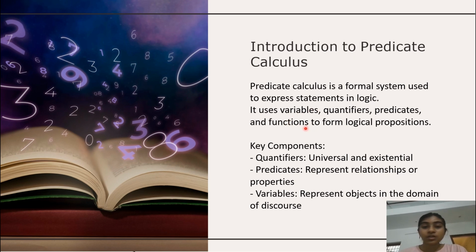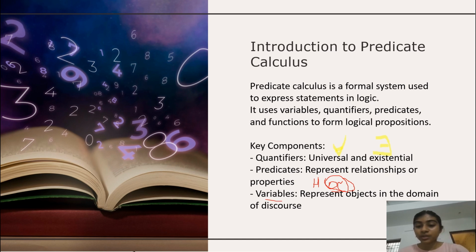As you can see here, we have some key components: quantifiers, predicates, and variables. Quantifiers are of two types, universal and existential.